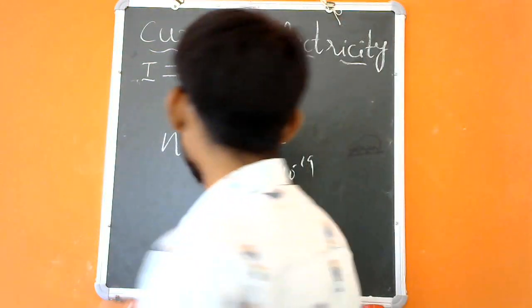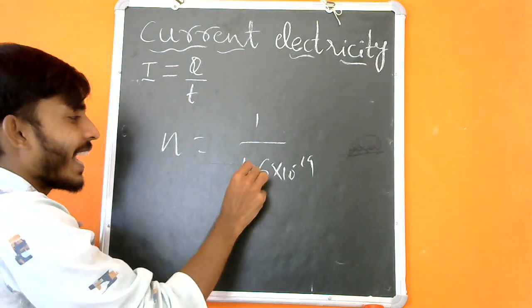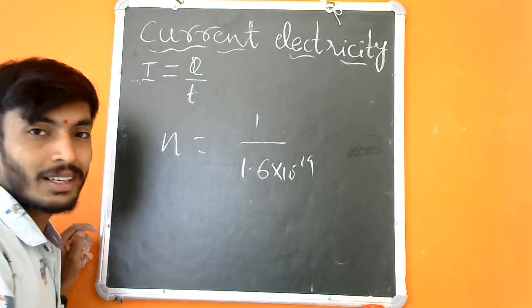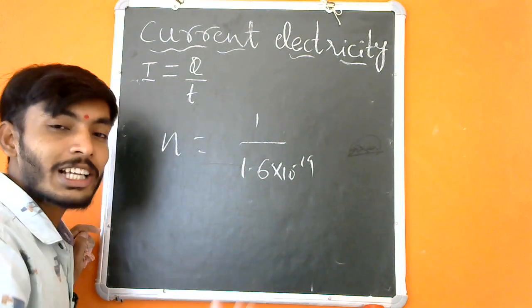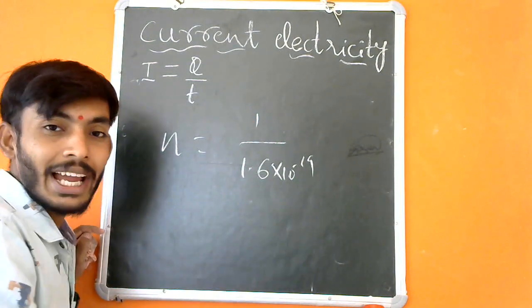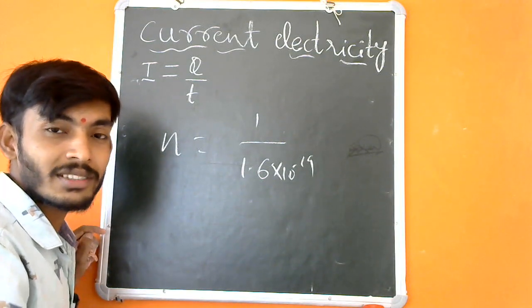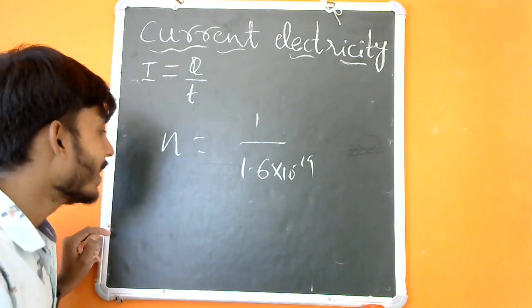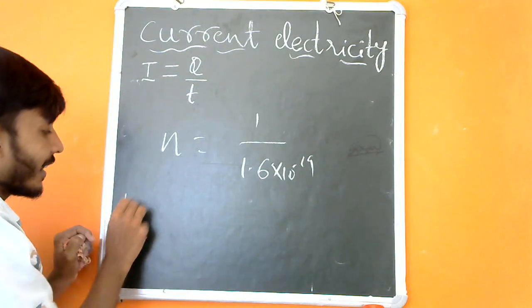Okay? So how to divide? You can simply do it with the calculator. I will explain the method also. If you take 1 by 1.6, you will get something like 0.625. So now let's calculate this.